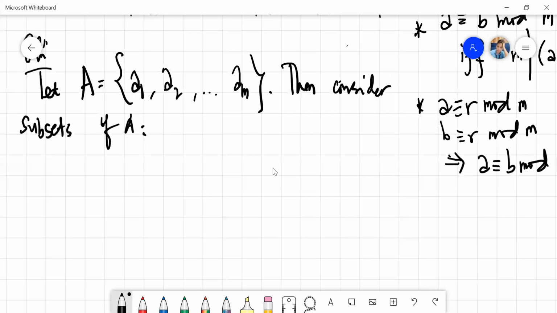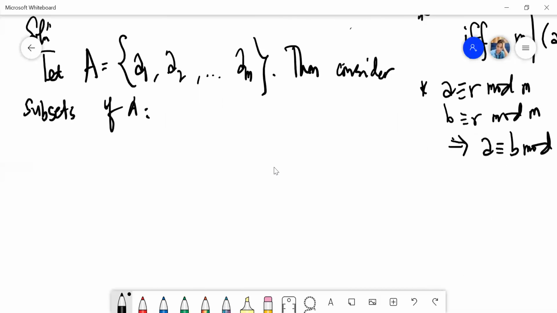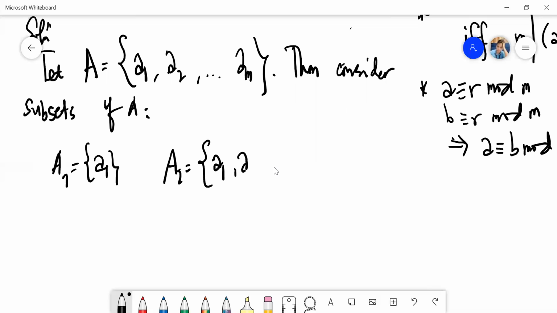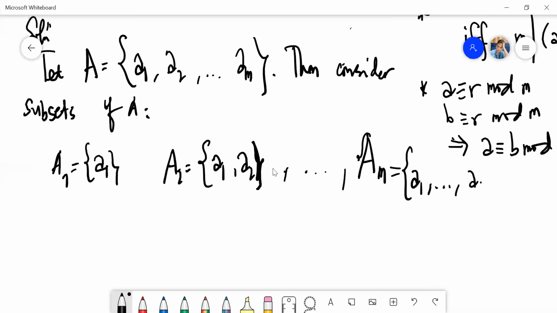We might have the first subset containing A1 only, the second containing A1 and A2, and so on, up to the m-th, which is A itself.